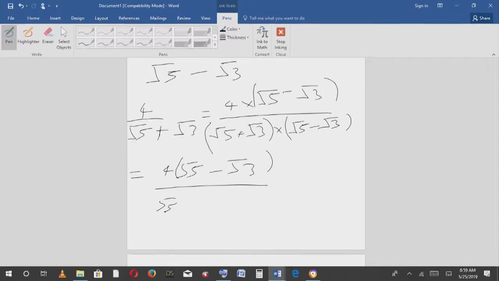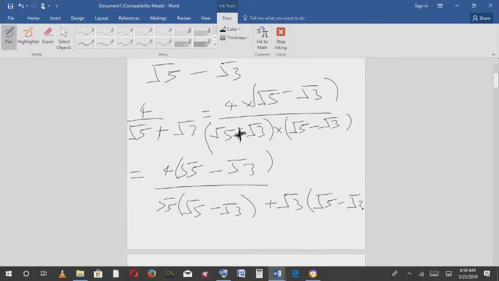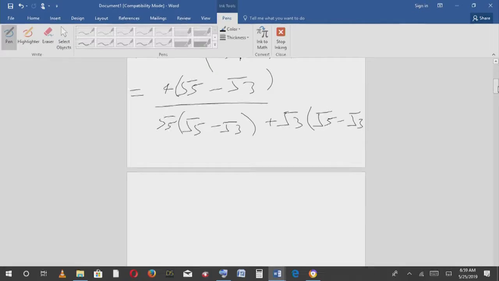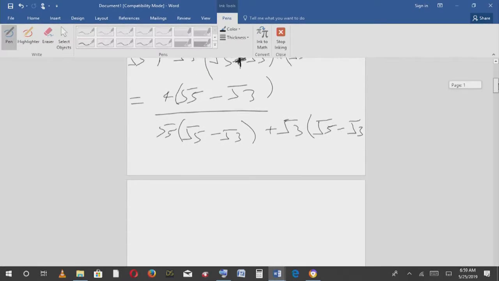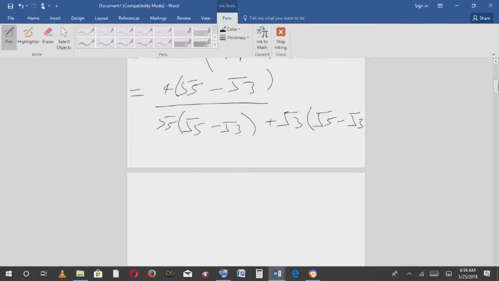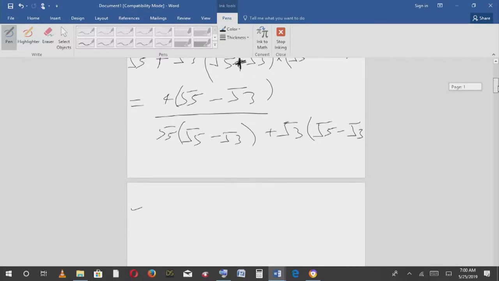We say root 5 multiplied by the root of 5 minus root of 3, plus, since there was a plus sign in front of root 3, plus root 3 multiplied by root of 5 minus the root of 3. There is no need to press the panic button because we are going to expand. You cannot see an expansion and say, oh, math is difficult. Just follow and pay attention, and then you practice.